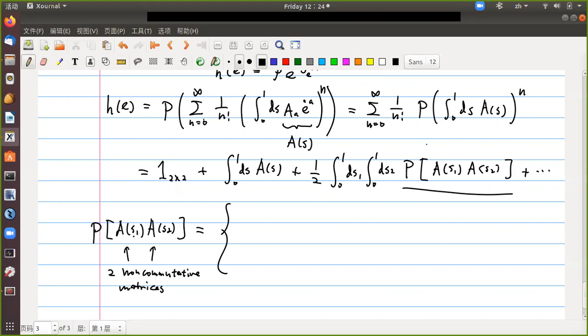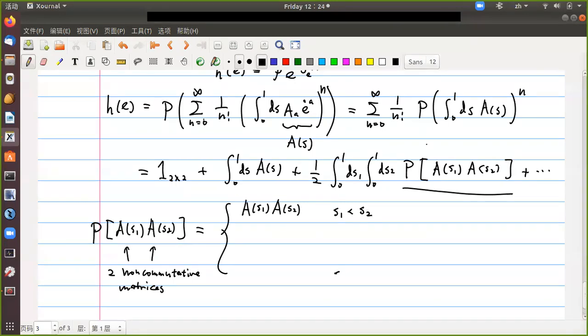It relates to comparing parameters s1 and s2. So when s1 is less than s2, it orders A(s1), A(s2). So you always order smaller s in front of the larger s.